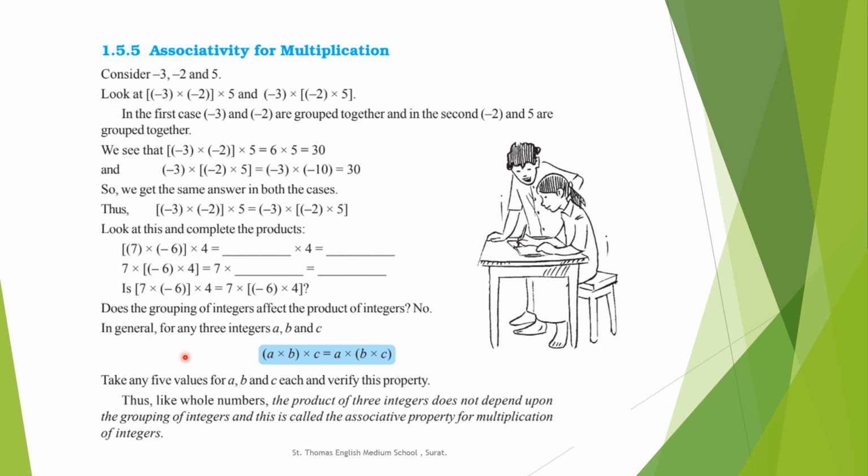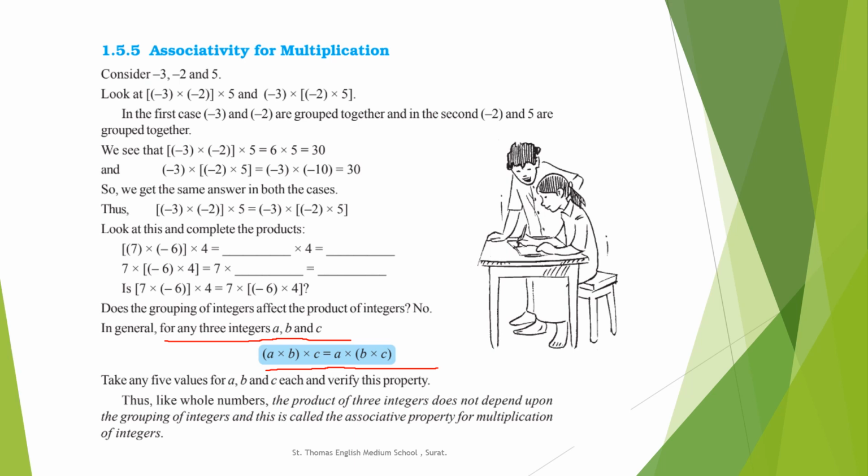No. So in general, we can say for any three integers a, b and c, a into b, bracket, multiplied by c is equal to a multiplied by b multiplied by c. So this property is known as associative for multiplication.